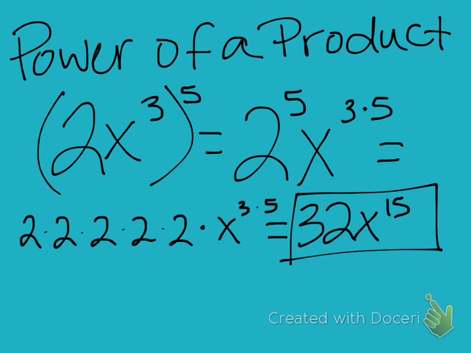So we have 2 to the 5th power times x to the 3 times 5 power. We would multiply 2 by itself 5 times, and we would multiply 3 times 5 for the x power. So that gives us 32x to the 15th power.